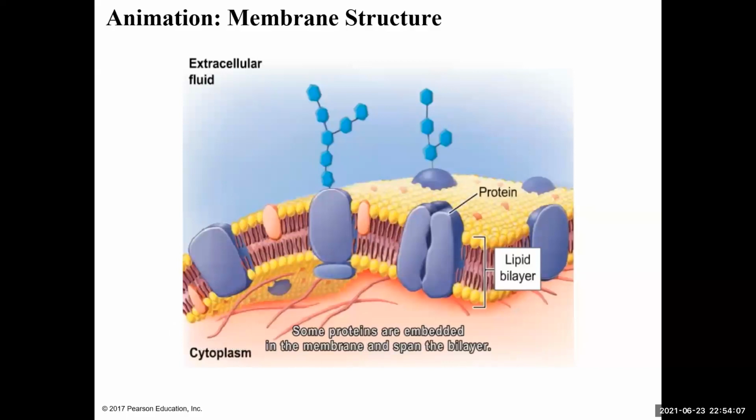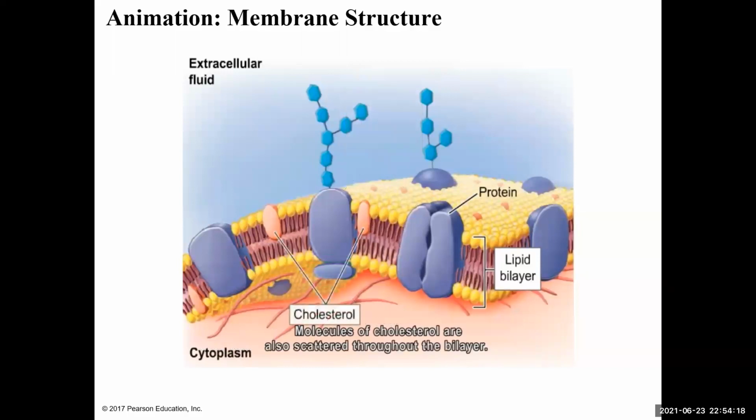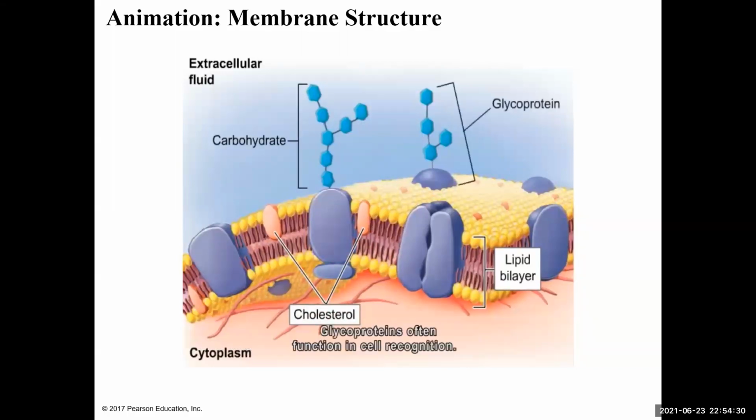Some proteins are embedded in the membrane and span the bilayer. Others are located on one side or the other, often attached to membrane-spanning proteins. Molecules of cholesterol are also scattered throughout the bilayer. Carbohydrates attach only to the outer surface of the plasma membrane. Most of the carbohydrates are attached to proteins, forming glycoproteins.